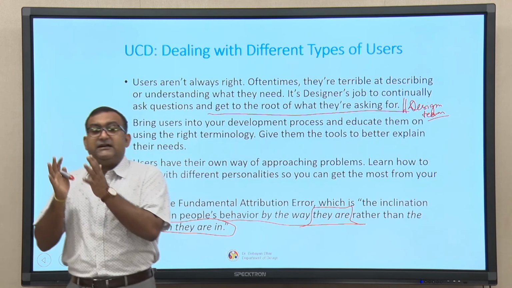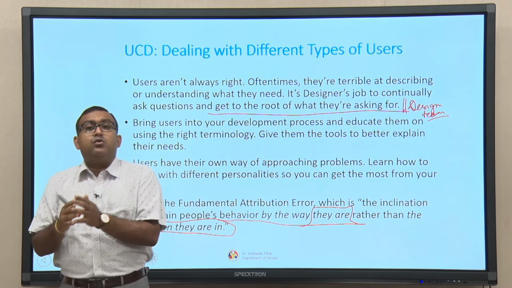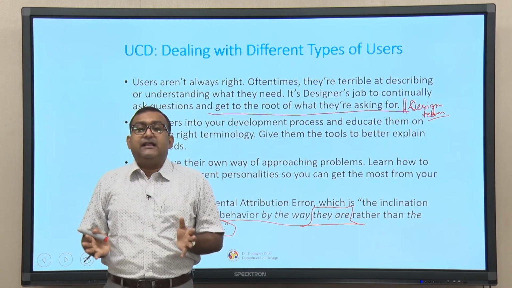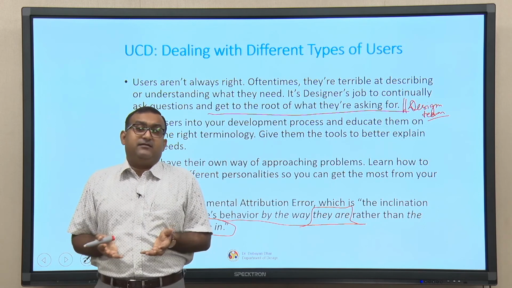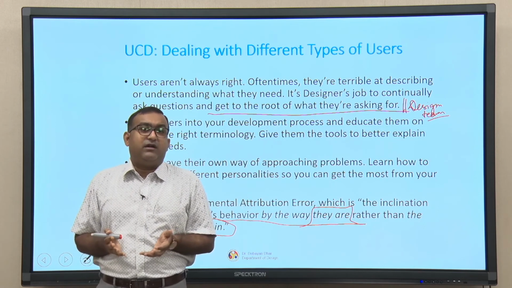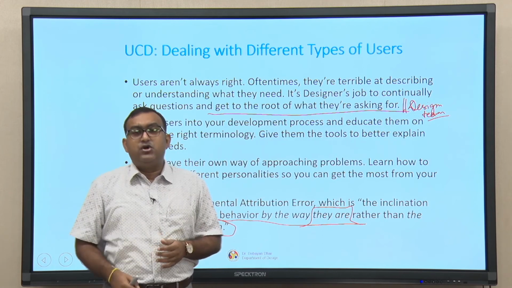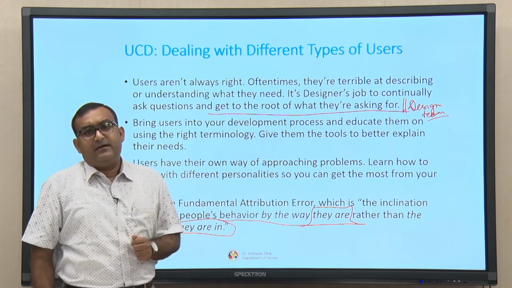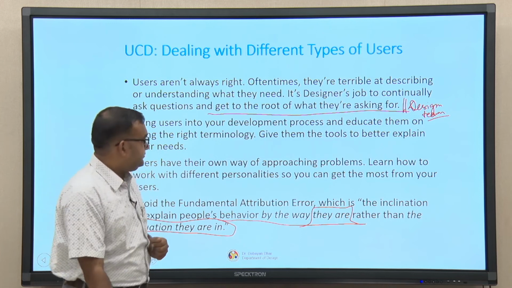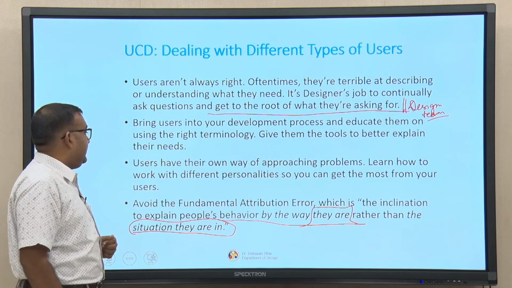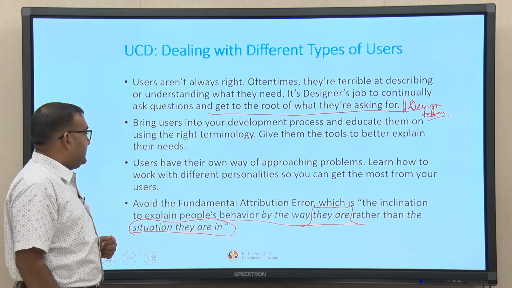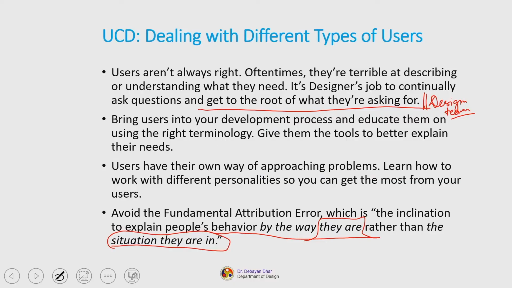You must describe the task with its fullest details that can explain the occurrence of a particular phenomenon, rather than only focusing on the task to its bare minimum details. Right? So, that is what we mean by explaining people's behavior by the way they are rather than the situation they are in.